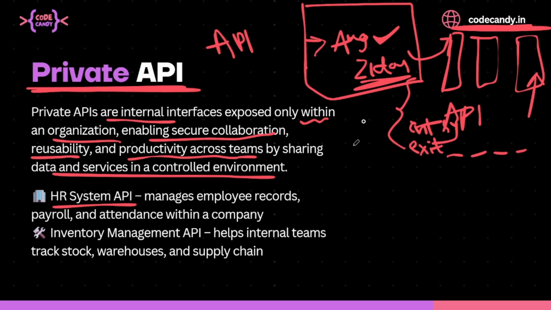In this way, every company develops its own private API, based on its own company data. In a public API, the data is public. See, Google Maps is constant. Whatever location you search for, that location is constant.